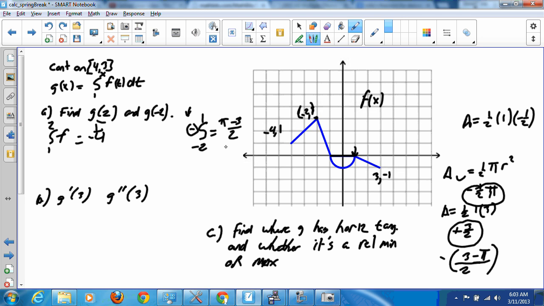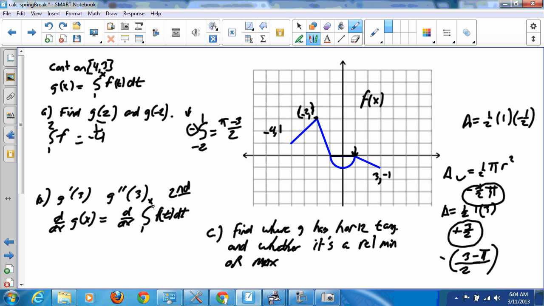Alright? Not too bad. Second part tells us to find the derivative value, g prime, of 3. And recall that if we take the derivative of g, we also have to take the derivative of the integral over here, right? Well, first thing we remember is the second fundamental theorem of calculus.